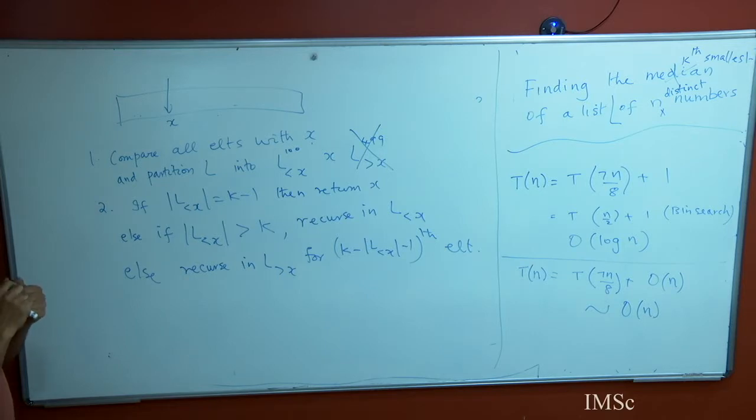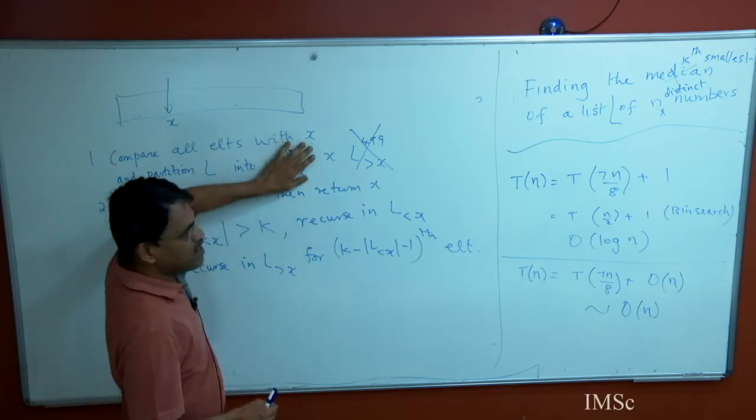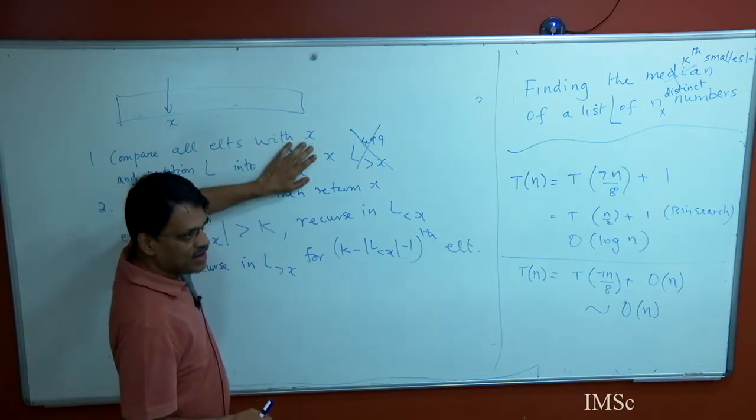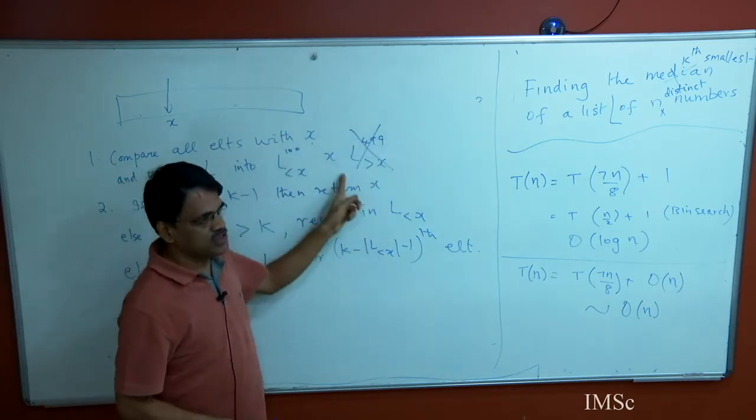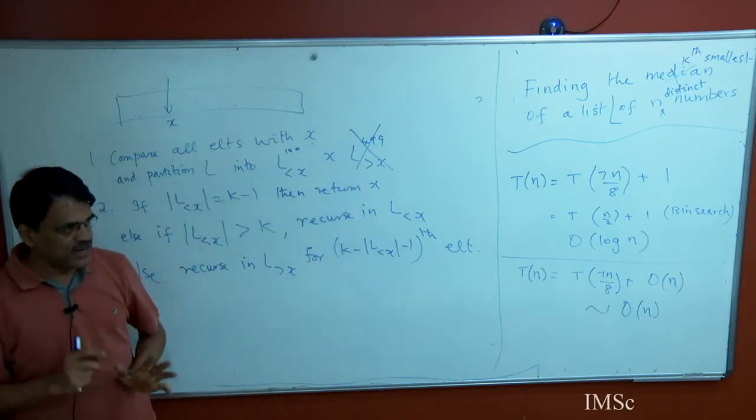Right. So I'm looking for the kth smallest element, and it turned out my X was the smallest element. Suppose my X happened to be the smallest element, there is nothing here, and the element I'm looking for is here, so I've just managed to throw away one element. Okay, that's really the bad case.